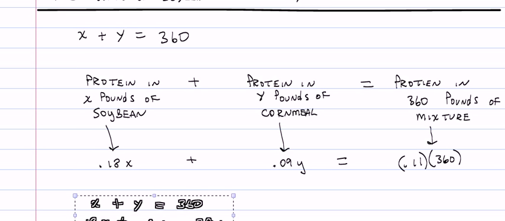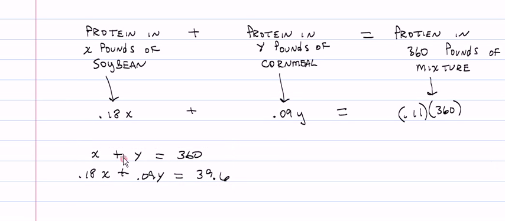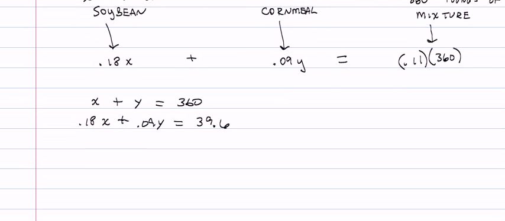And therefore, we write that out, and we have two equations. The first equation, X plus Y equals 360, and the second equation from here. And we just multiplied 0.11 times 360 to come up with 39.6. So there's our system of equations.